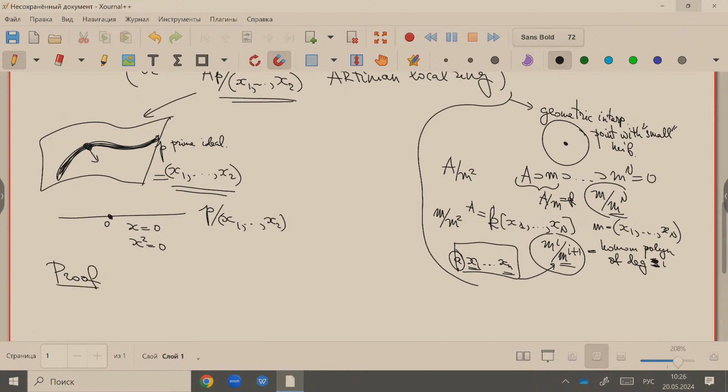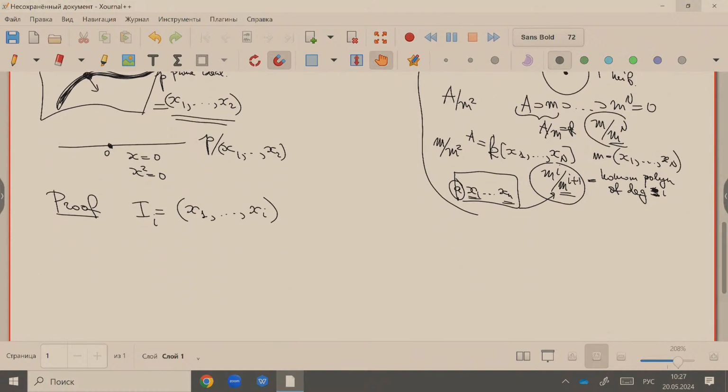So what should we be doing? This is induction. We shall start constructing this ideal generated by this set of elements.